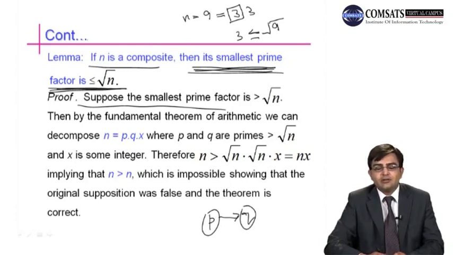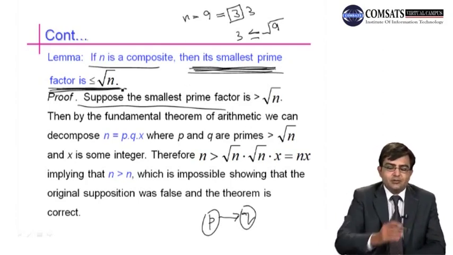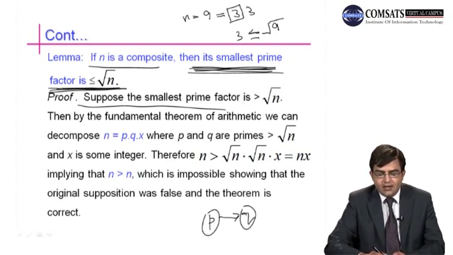Then we conclude that the statement which was supposed to be false is true. So this is the method of contradiction for proving statements, and we shall discuss it in detail in the next lectures in the topic methods of proof.